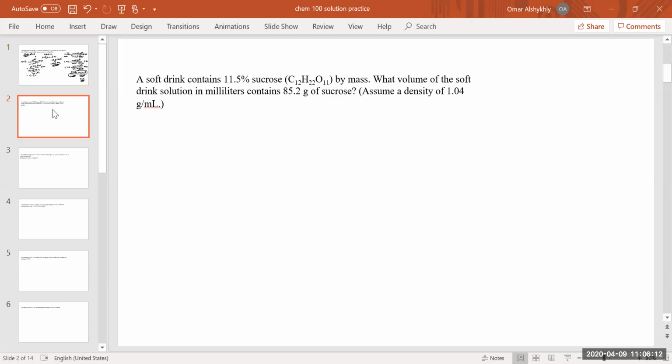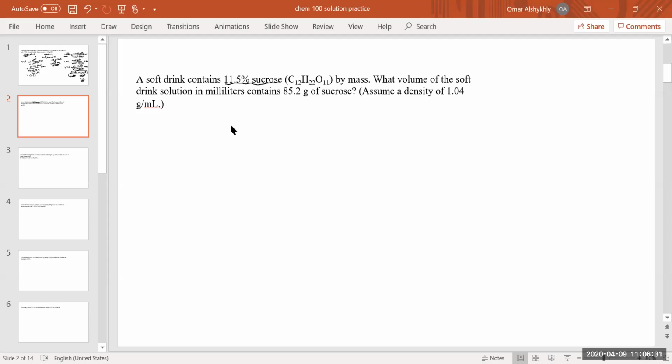Okay, now let's look at this example. A soft drink contains 11.5% sucrose by mass, so mass per mass percent.